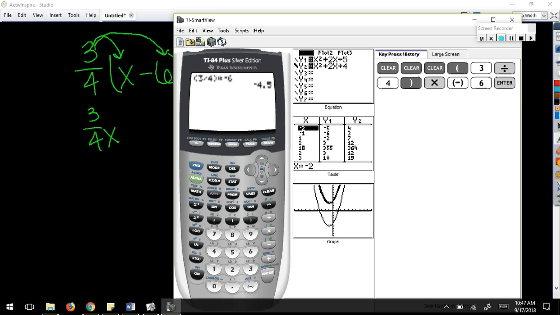I can put mine in a fraction. I think you did minus instead of times. This is the negative right here. Did you use this button or did you use this button?